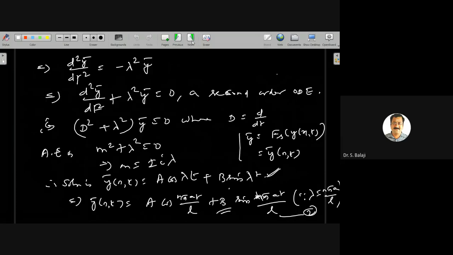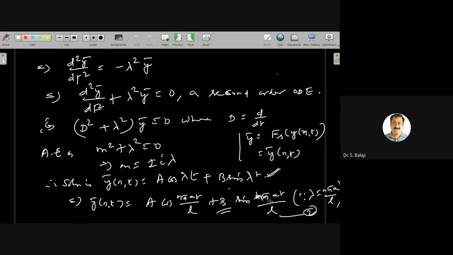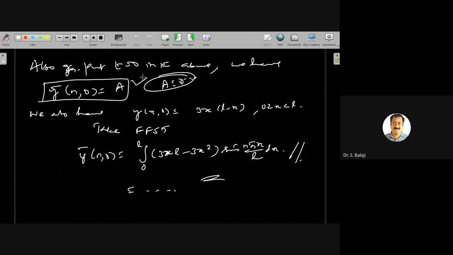When we apply the second one here, y bar(n, 0), in equation number 2 put t equal to 0. Then you can get y bar(n, 0), sin 0 is 0, cos 0 is 1, therefore you can get a here.